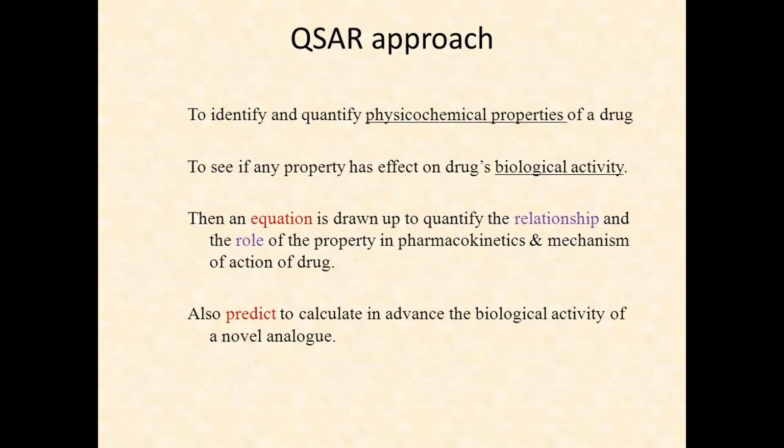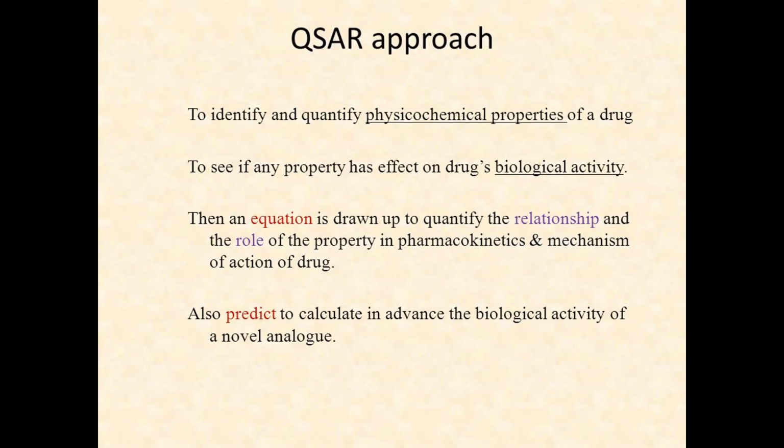Any property that affects the biological activity of the drug, we use to make an equation. This equation is used to quantify the role of the property in the mechanism of the drug, and to predict and evaluate the biological activity of unknown drugs.